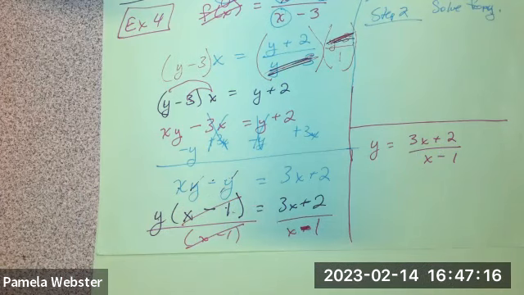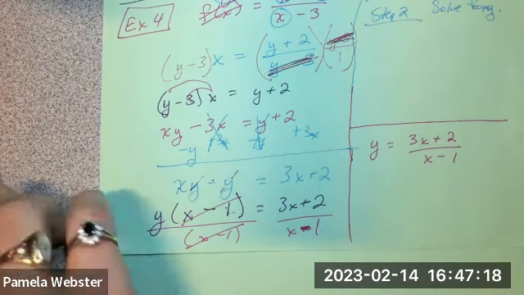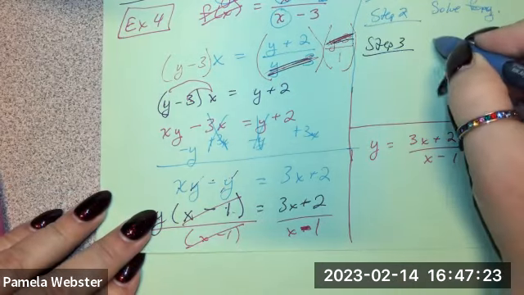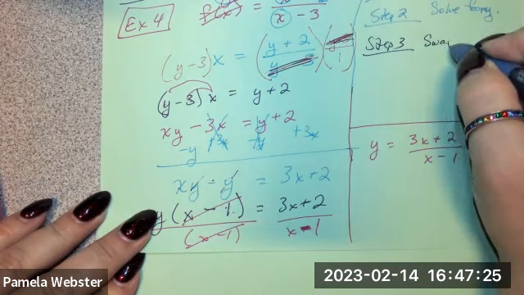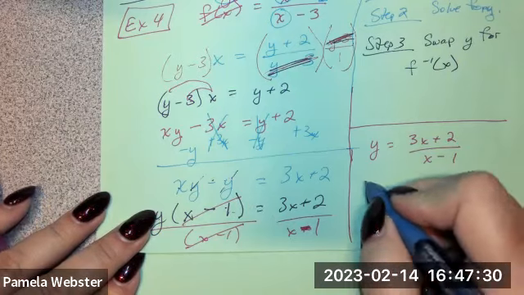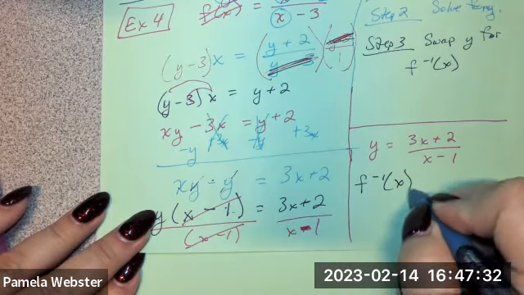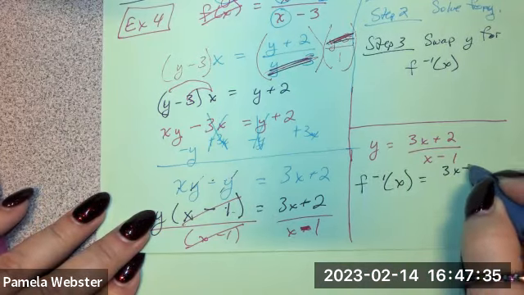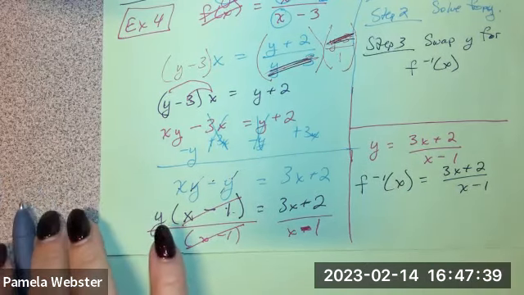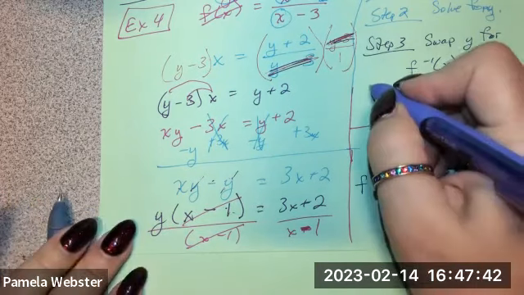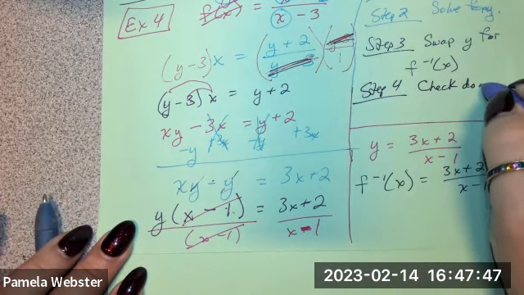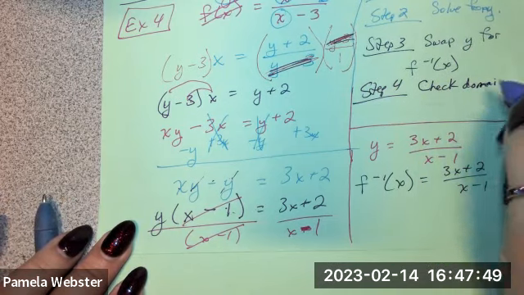All right, so now I have y by itself, and step 3 was always to swap y for the f inverse, because we're done, we found it. So the f inverse is 3x plus 2 over x minus 1. And don't forget your very last step, step 4, check the domain for bad spots.